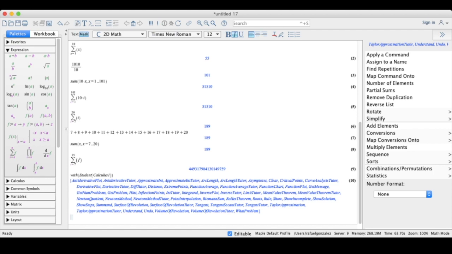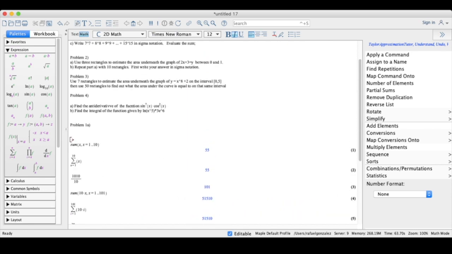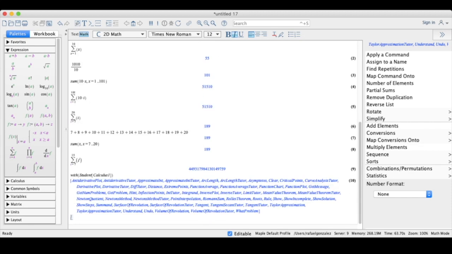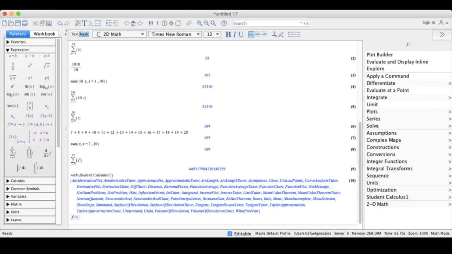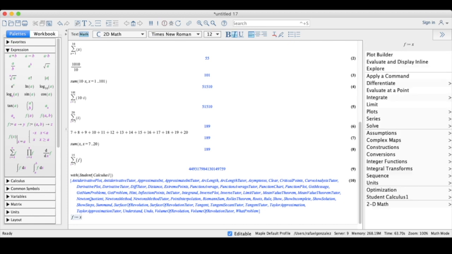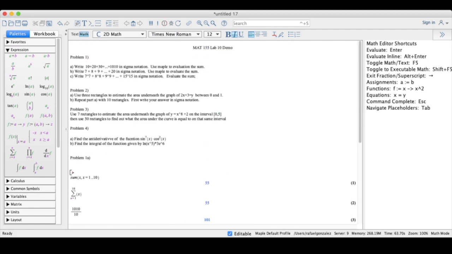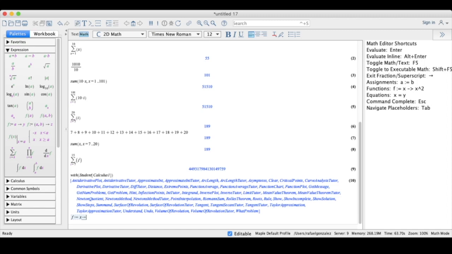But without further ado, let's quickly talk about this. First, I'm going to define my function. The problem said to use 3 rectangles to estimate the area underneath the graph of 2x plus 3 equals y. So let's call that function f. So f is such that it sends values of x, multiplies them by 2, and then we add 3.